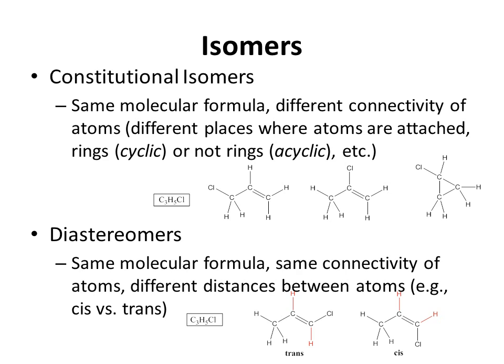They're rigidly placed because you can't twist around that carbon-carbon double bond without breaking the pi bond. So that forces them to be permanently diagonally across from each other, and that's called trans. If the two hydrogens are on the same side of the double bond, that's called cis. The distances between the CHs are smaller in the cis case than in the trans case, so therefore they are diastereomers. There are different distances between the atoms.